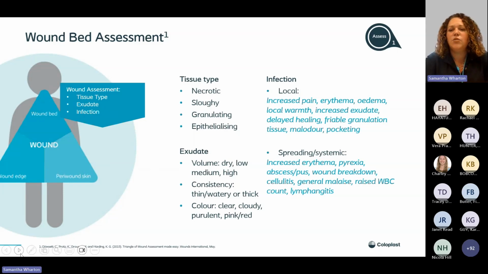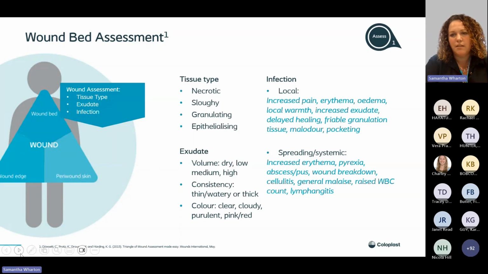And then when we look at infection, we look at those local signs of infection, really classic signs: pain, erythema, edema, warmth, increased exudate, delayed healing, friable granulation. So that granulation tissue, it's often quite dark in colour. And as you cleanse the wound, it bleeds really easily.